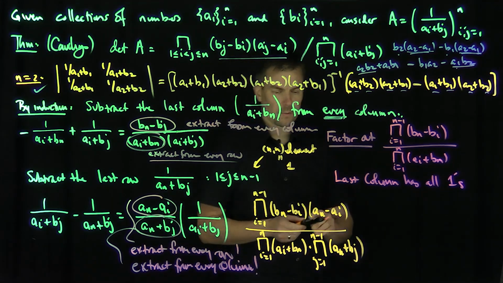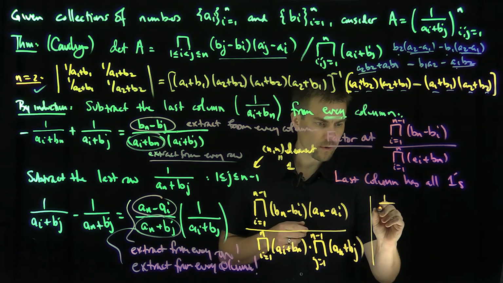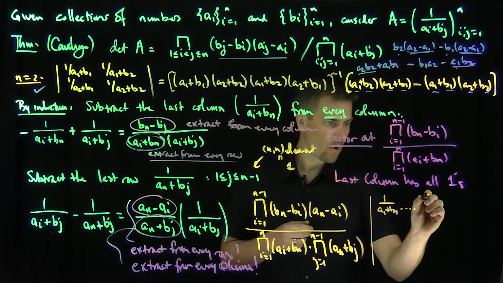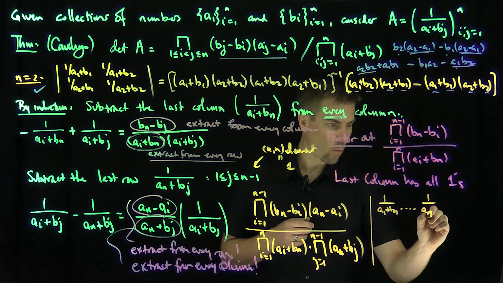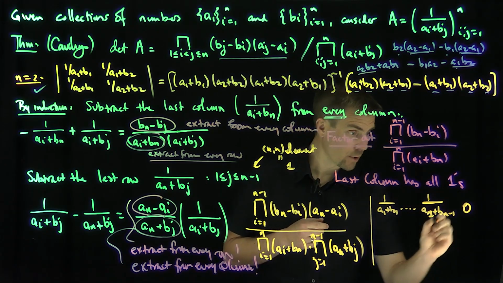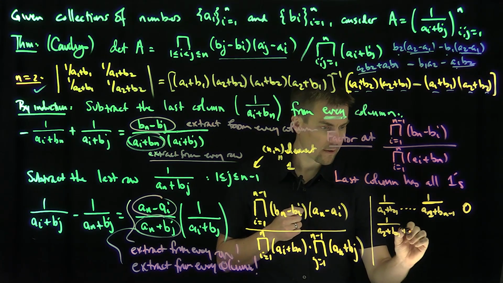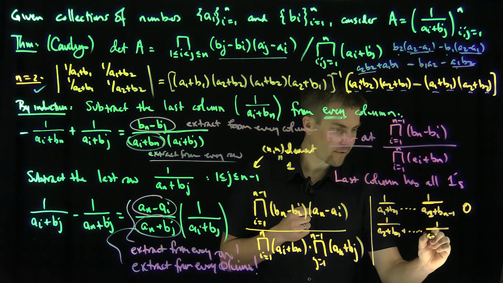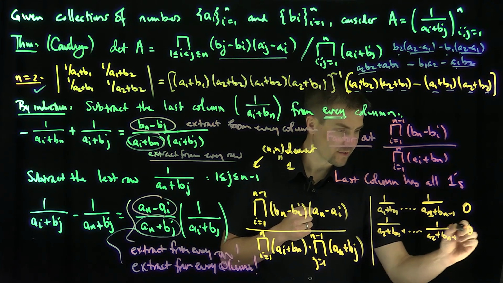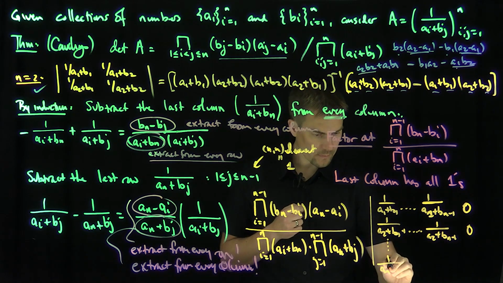And then what's left over is exactly just going to be the determinant: 1 over a1 plus b1, through 1 over a1 plus bn minus 1, and then a 0 over here; 1 over a2 plus b1, all the way down to 1 over a2 plus bn minus 1 and a 0. And then lastly, I'm going to have a 1 over an plus b1, all the way down to 1 over an.